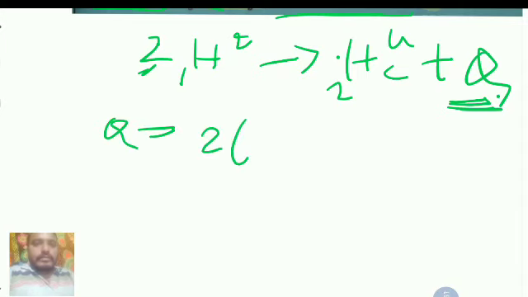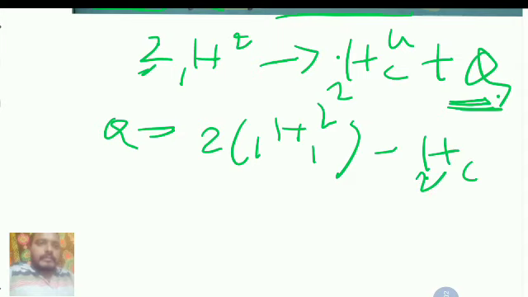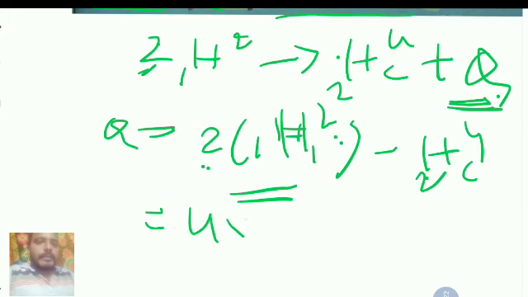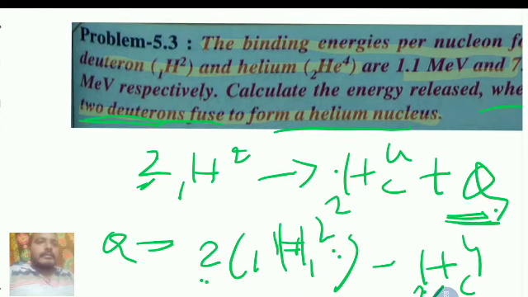2 into deuteron whole square minus, next, helium 2 4. In this, a deuteron has 1 proton and 1 neutron. So total 2 deuterons, so 4 protons and neutrons. So 4 into the given energy, 7 mega electron volts.